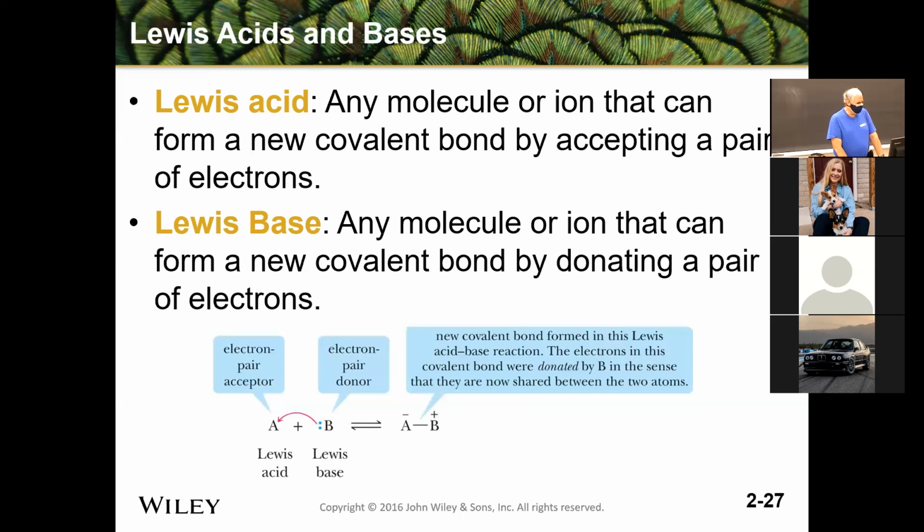By this model, a Lewis base is an electron pair donor. An acid is an electron pair acceptor. Lewis acid-base reactions don't even have to involve a proton, although the proton is an example of a Lewis acid, but it's actually much broader than that.